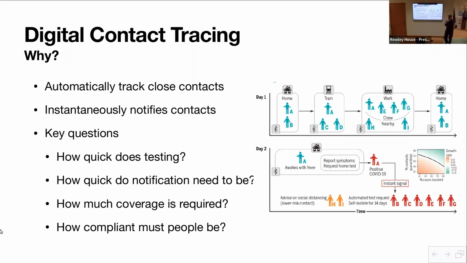And then the other thing was how compliant must people be? If people knew that not everyone, if they were contacted, would isolate if they had a message to isolate, what would happen if 80% of people isolated or 60% of people isolated? At what point would it stop being effective?